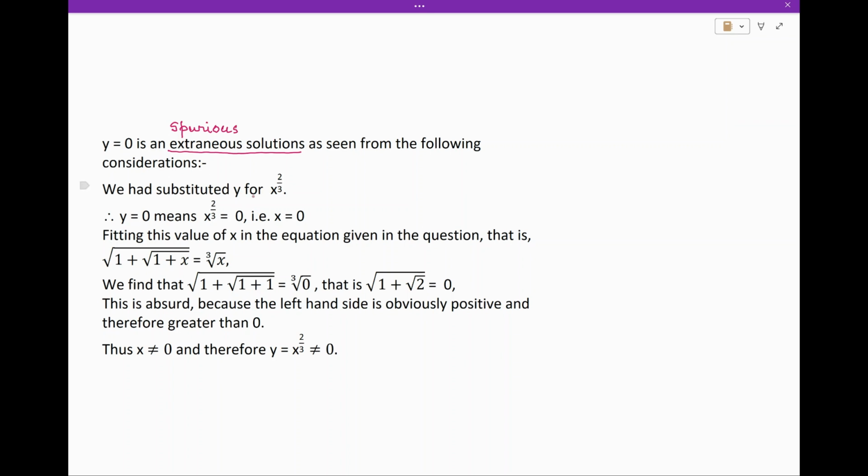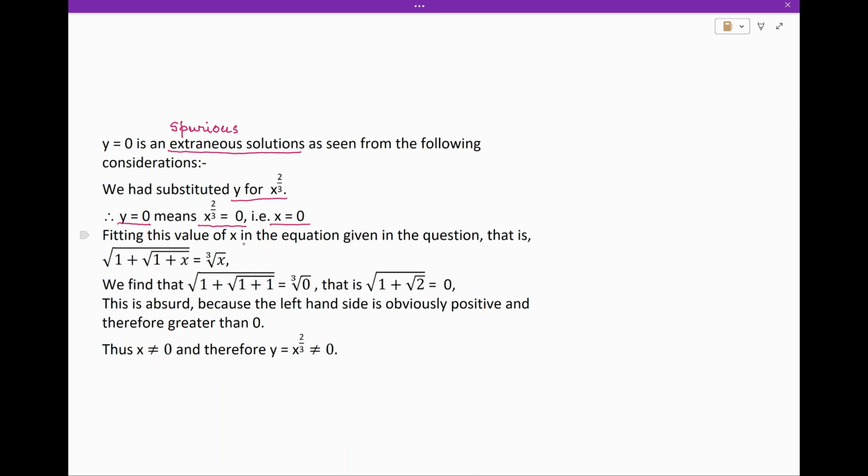We have substituted y for x to the power of 2 by 3. Therefore, y is equal to 0 means x to the power of 2 by 3 is equal to 0, that is x is equal to 0.